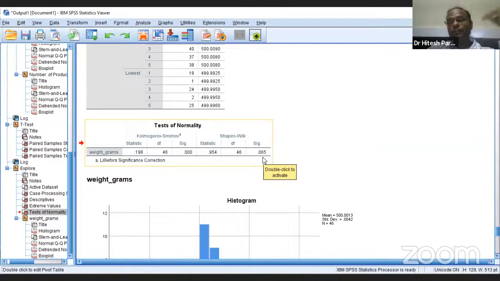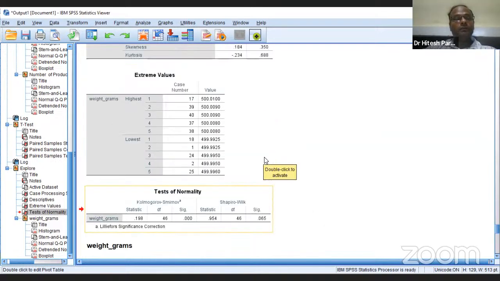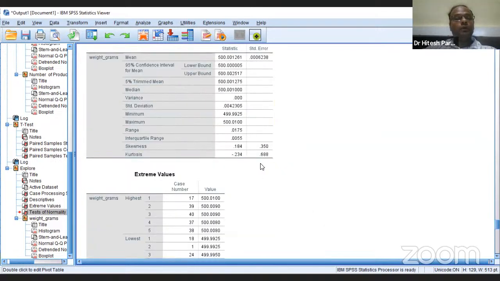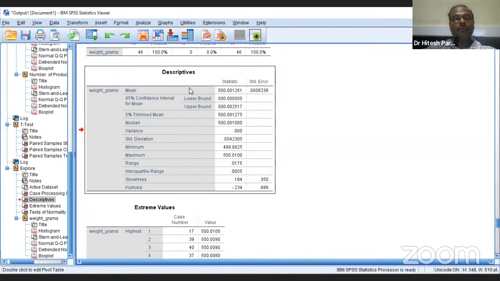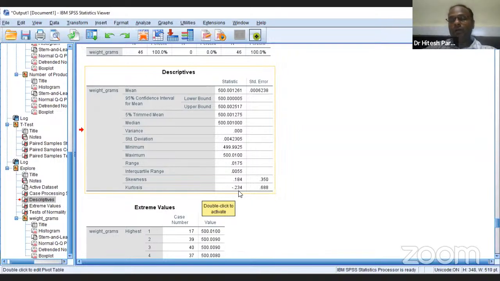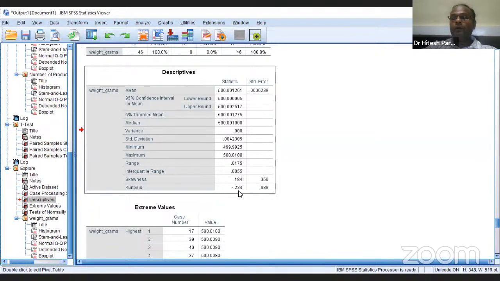Okay, let us see the skewness and kurtosis. See the skewness and kurtosis values in the descriptive table, right? Skewness is 0.18, kurtosis is minus 0.23. Both values are between -3 and +3. So your decision is, yes, it can be considered approximately normal.